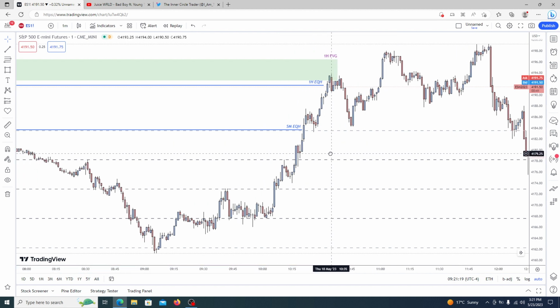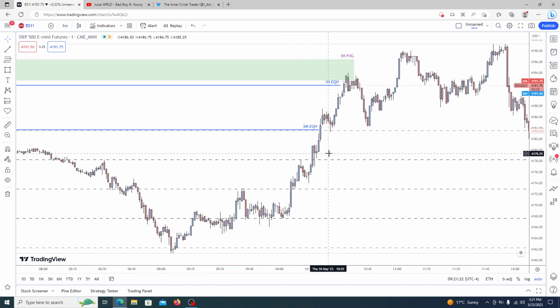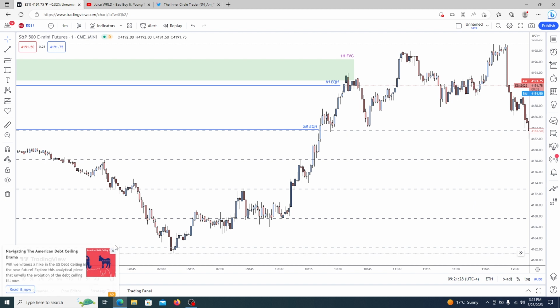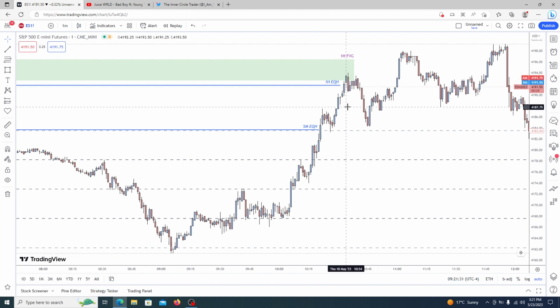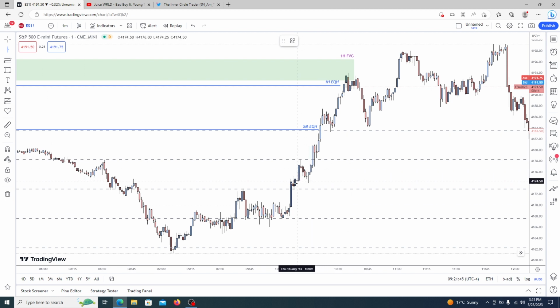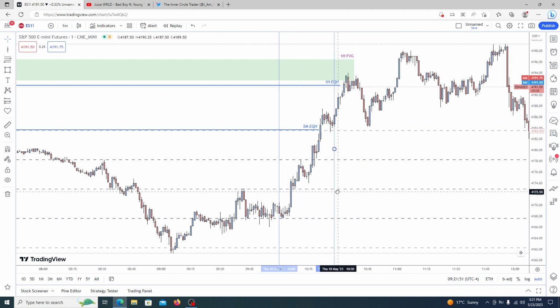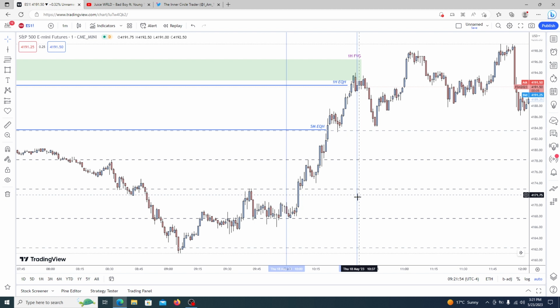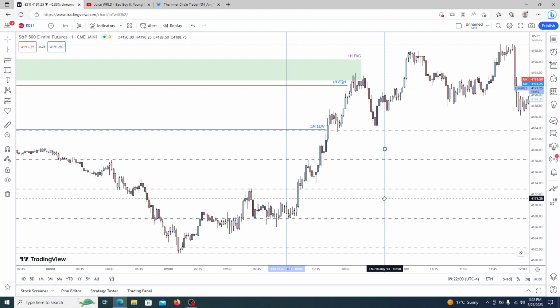Looking at this whole trading idea, we can say that, looking down here in the corner, we are in a silver bullet from 10 to 11 a.m., which we could utilize. So 10 to 11, that's a silver bullet, and we can utilize that to our advantage. That would be what you would be looking for if you were trading this specific idea.